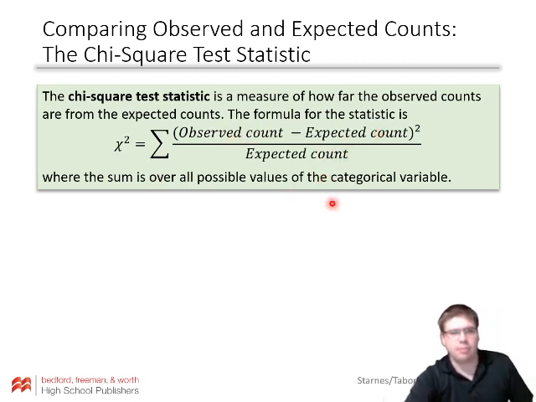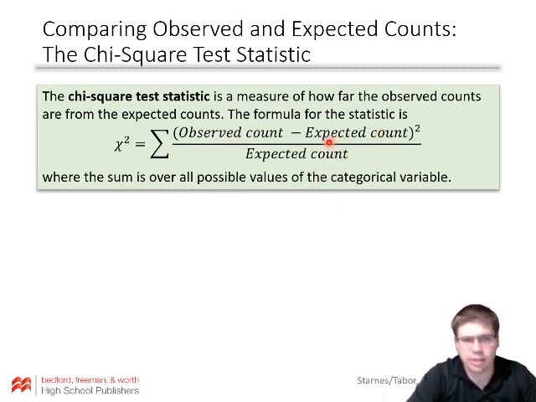Is being off by 100 a lot, or being off by 10 a lot? Well, it's relative to the size of the number we're talking about, and so that's why we end up dividing by the expected and summing all that up. So it's like a proportion almost, but the squared throws that off. The sum is over all the possible values of the categorical variable.